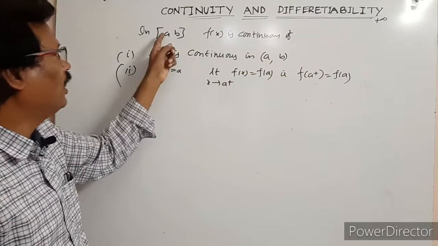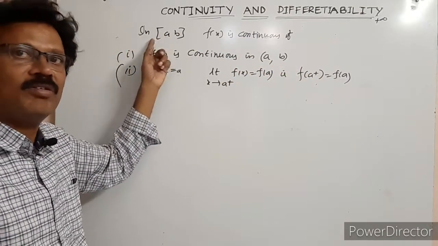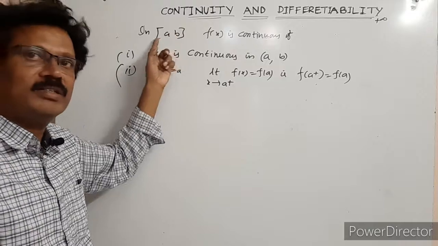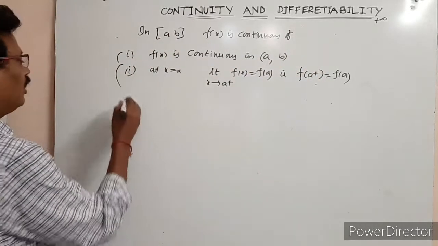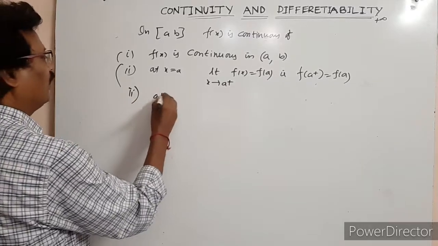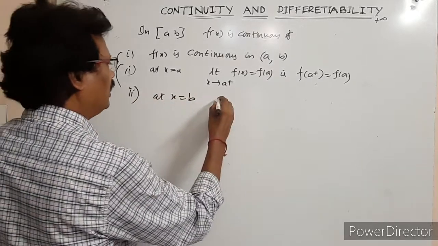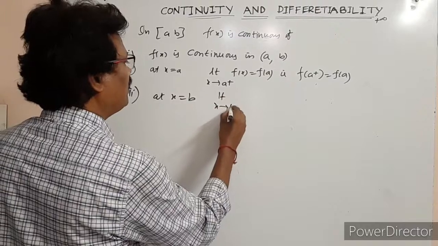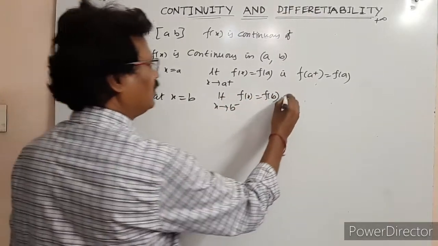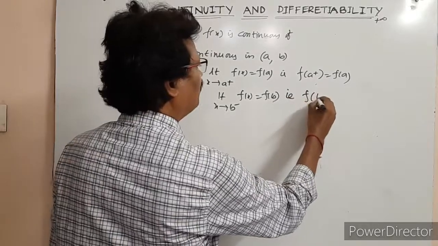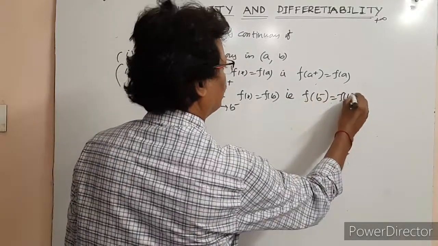Why? Because a minus is not in the interval. We discuss f of a plus only. Now at x equal to b, the limit x tending to b minus of f(x) is equal to f of b. That is, f of b minus is equal to f of b, which is enough.